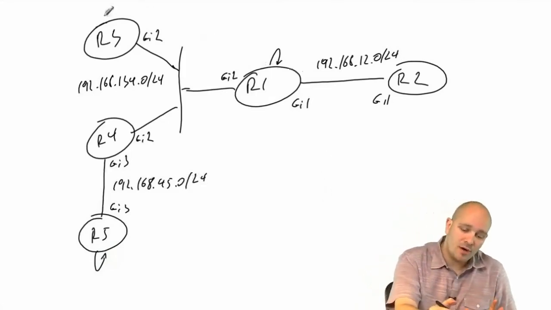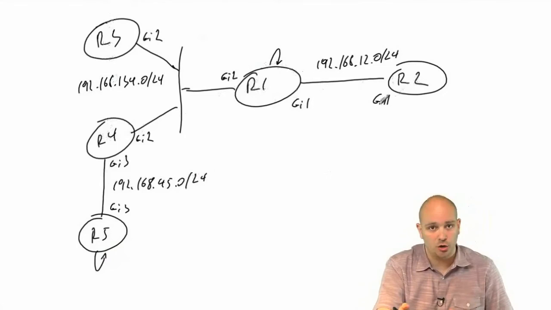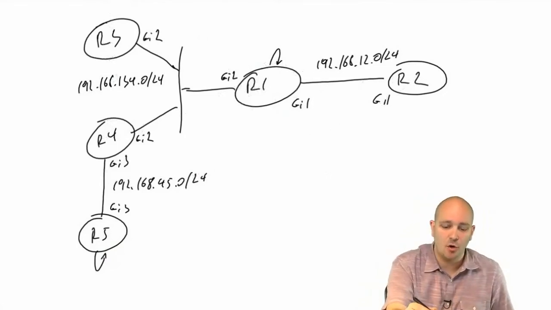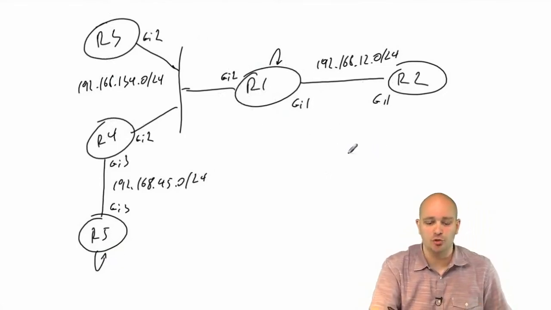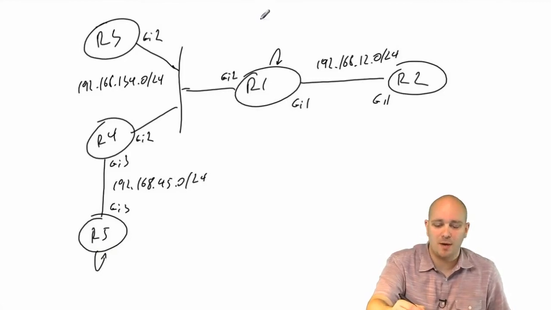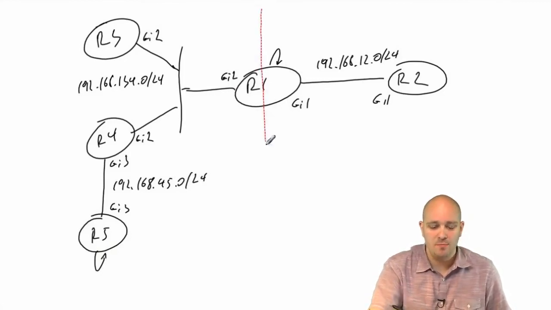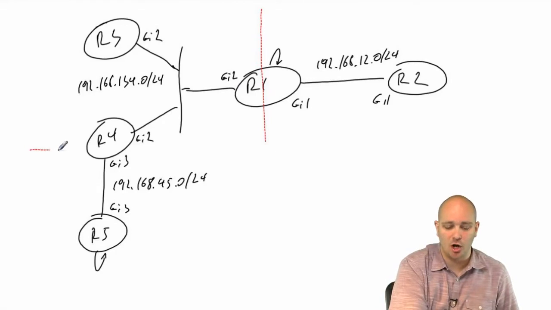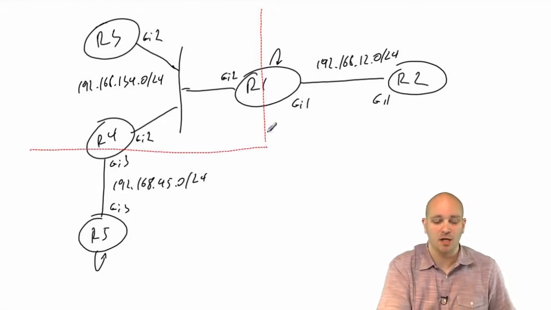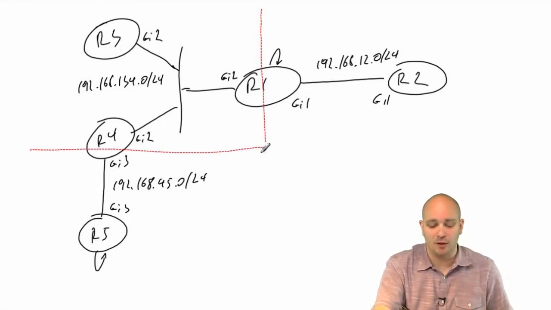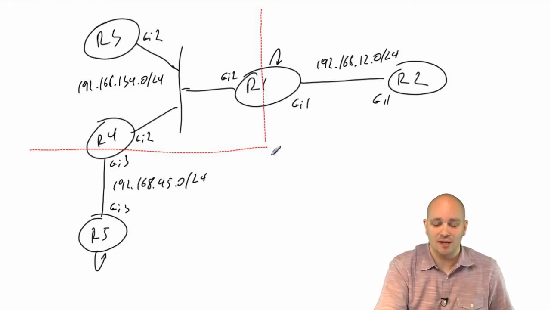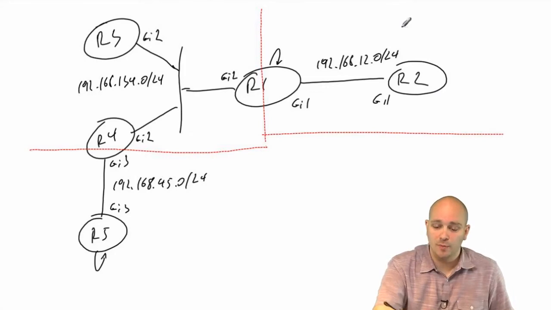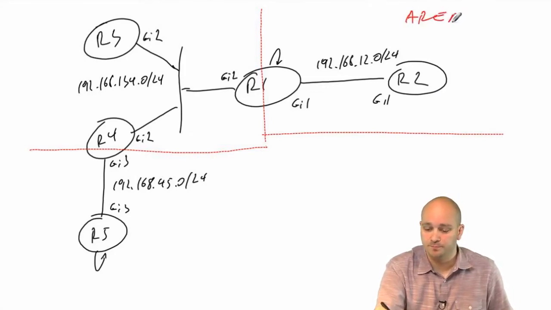Routers R3, R4, R1, and R2 were all operating in area 0, but this is something I'm going to change now. I'm going to make my router R1 an ABR, and I will make my router R4 an ABR here. So I'm going to divide my network into three areas. Routers R1 and R2 are going to be in area 12.